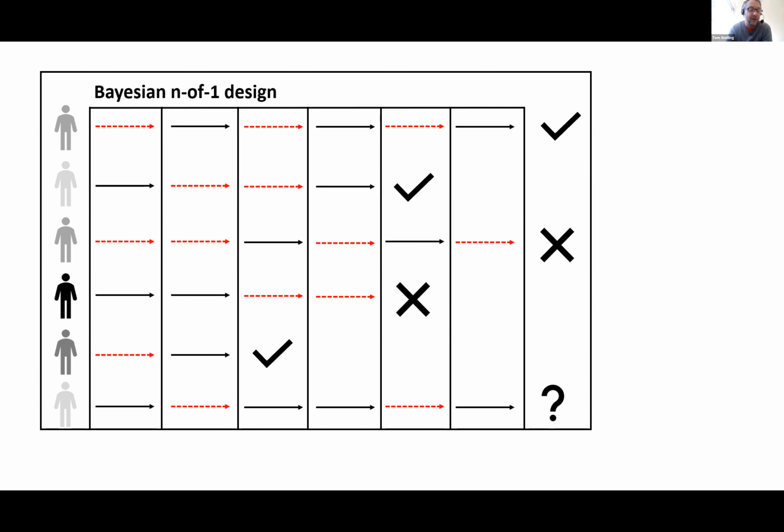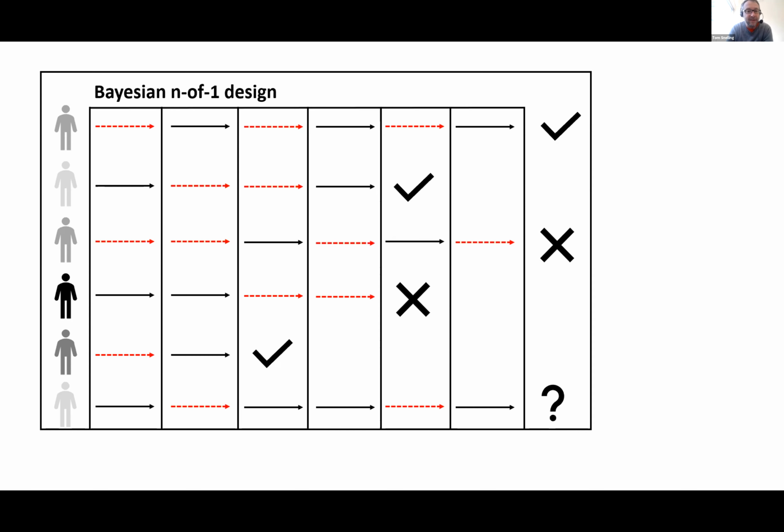And ideally, they don't know whether they're receiving the active drug or the placebo. You have some outcome that you're trying to assess, and you assess that in each of these treatment periods. And you're really looking to identify for each individual whether their outcomes are better while they're on the drug compared to when they're on the placebo.